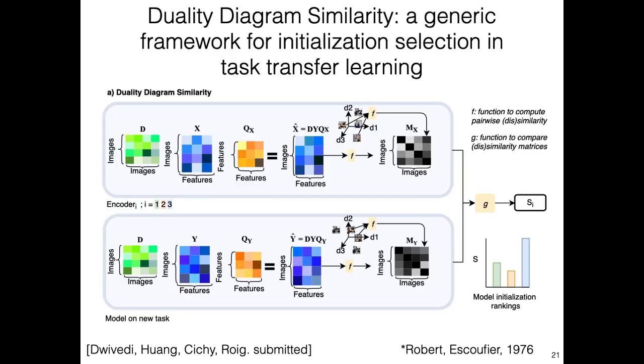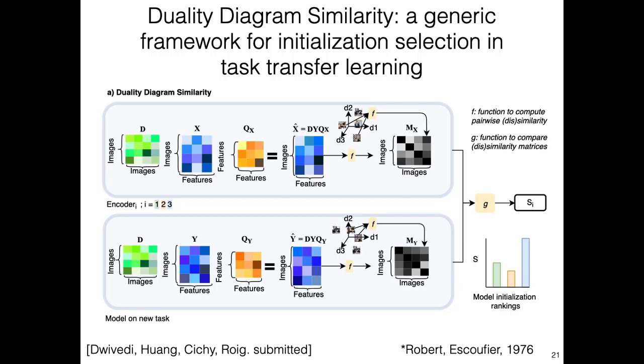But as you saw before, this ranking and the tendency of the accuracy is not perfect. So we continue to explore this work and see how we can improve this similarity measure in order to have a higher correlation between the rankings of the scores and the actual transfer learning accuracy.